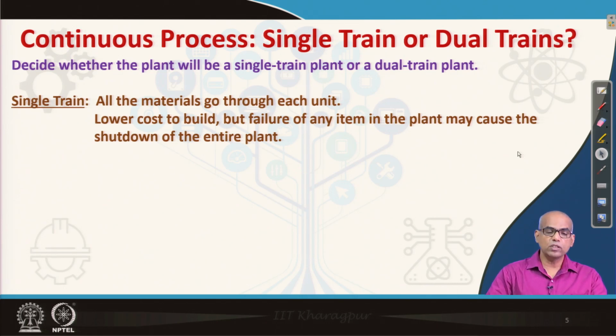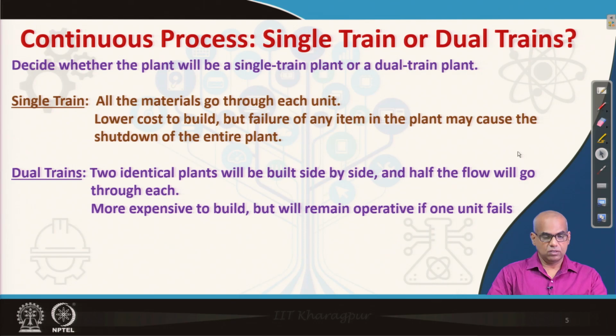There is a single sequence of units and all the materials go through each unit. It is low cost to build, but you can imagine that failure of any item in the plant will cause the shutdown of the entire plant.